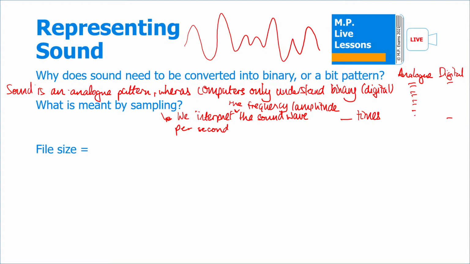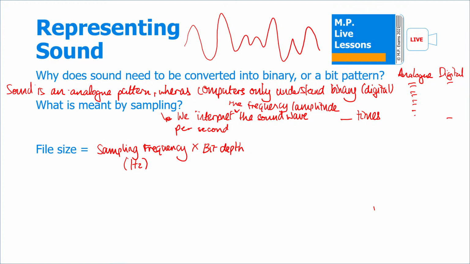Now, the formula for file size depends on the sampling frequency. So this is how many times per second the sound wave is sampled, or the wave is interpreted, like its amplitude or frequency. This is often given in hertz because it just means how many times per second. Then we multiply this by the bit depth, so the number of bits we're given to represent the sound.